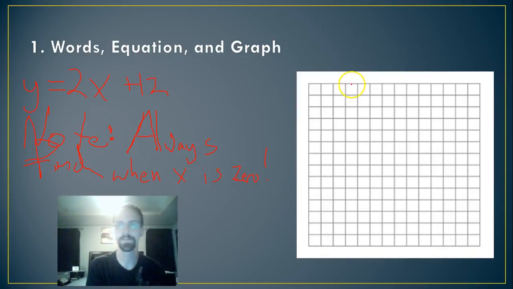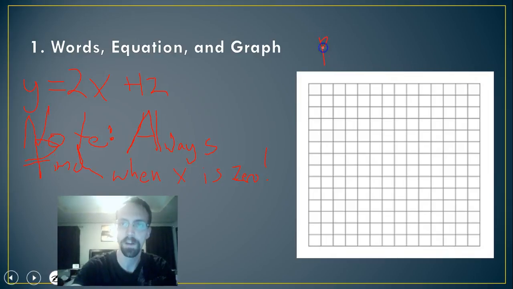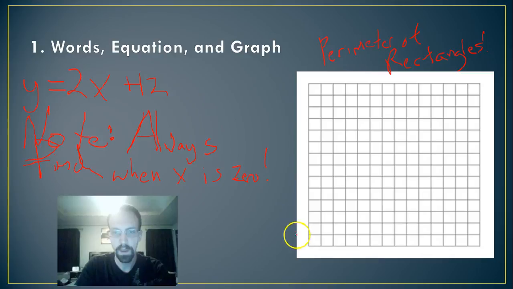My favorite part. I love graphing. I need a title for my graph. My title is going to be Perimeter of Rectangles. On my x-axis, I have number of rectangles.